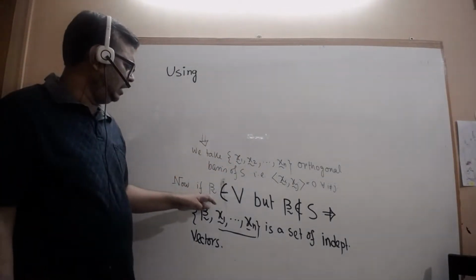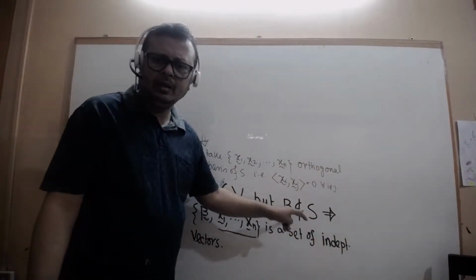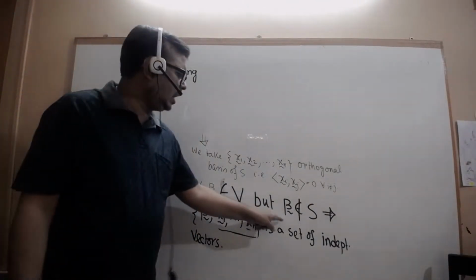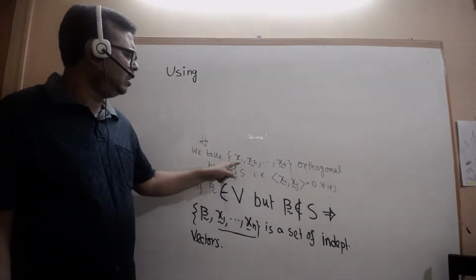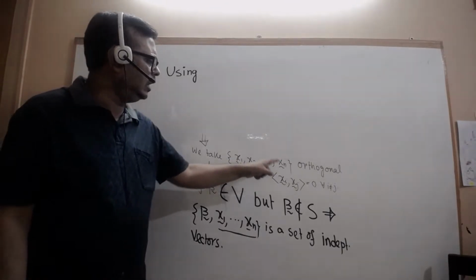If beta curl does not belong to S, beta curl cannot be written as a linear combination of the vectors x1 curl, x2 curl, ..., xn curl.